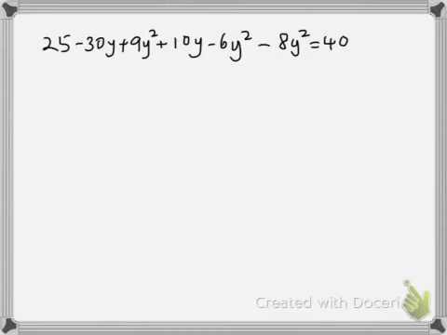So now we reorganize everything. You're going to collect all the like terms. So all the y squared will be 9y squared minus 15y squared minus 8y squared. So you have minus 14y squared.